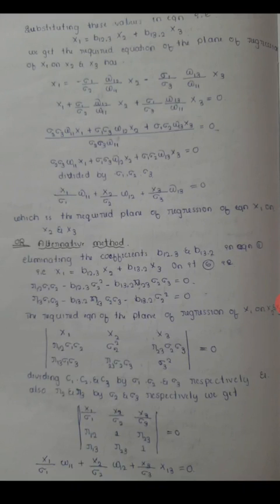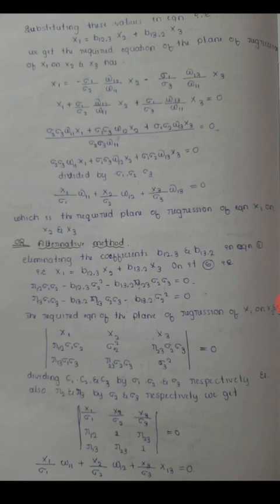Sigma 2 sigma 3 omega 11 x1 plus sigma 1 sigma 3 omega 12 x2 plus sigma 1 sigma 2 omega 13 x3, divided by sigma 2 sigma 3 omega 11, equals 0. On simplification, sigma 2 sigma 3 omega 11 x1 plus sigma 1 sigma 3 omega 12 x2 plus sigma 1 sigma 2 omega 13 x3 equals 0.